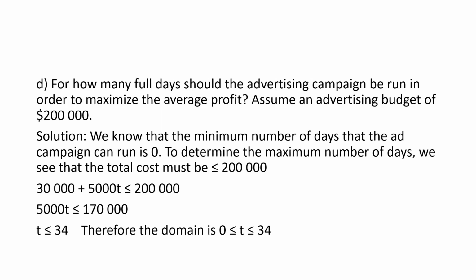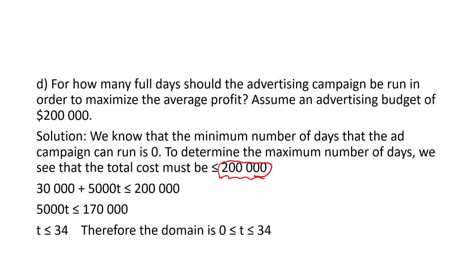Now, finally, we want to know how many full days the advertising campaign should be run to maximize profit. So what that means is we should figure out our domain. Now, the question tells us that the total cost must be under $200,000, because it tells us there's a budget of $200,000 to run this thing.